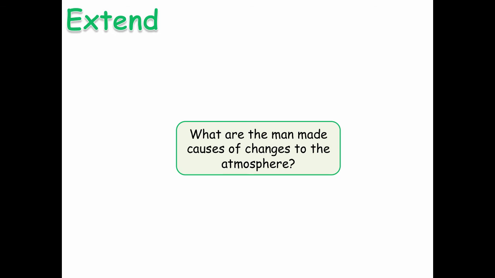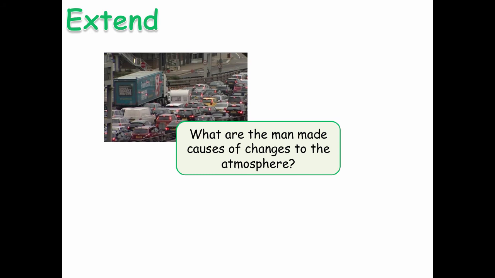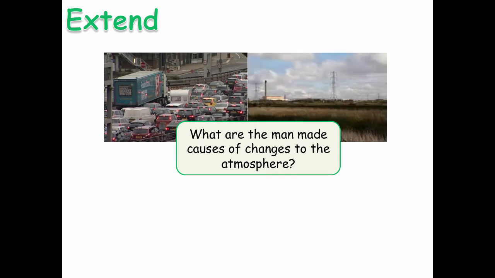Okay, welcome back. There are 4 major changes. The first one is cars. Vehicles use fuels. We burn those fuels, we release carbon dioxide and water vapour. Power stations. Power stations that burn fossil fuels, such as coal, gas and oil, also release large amounts of carbon dioxide, water vapour.